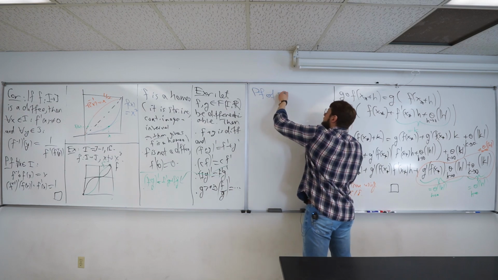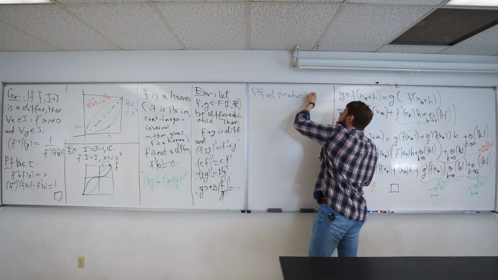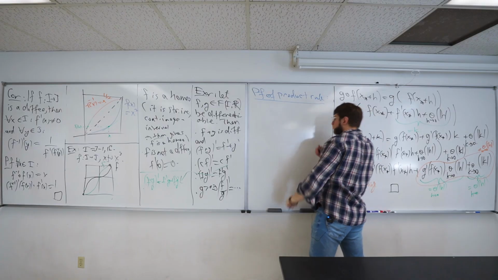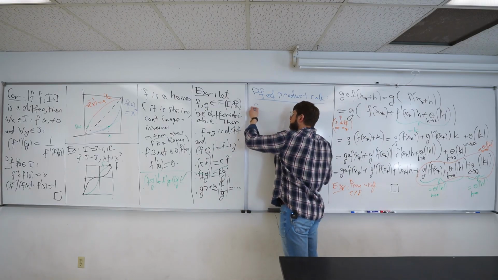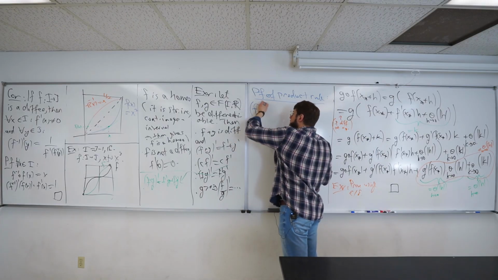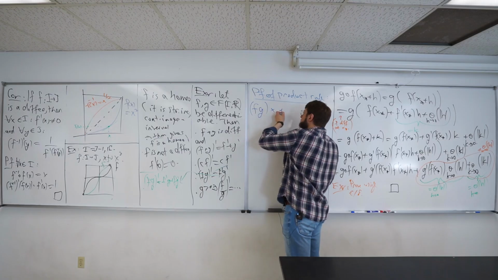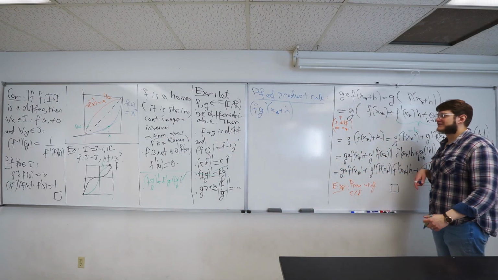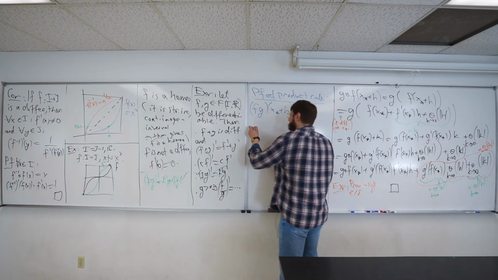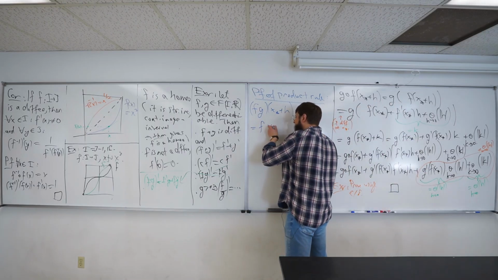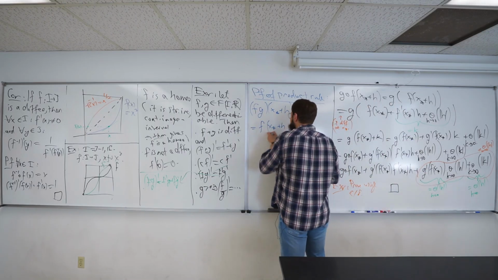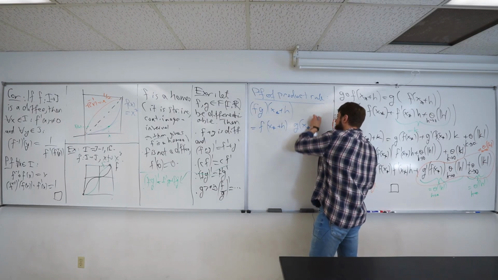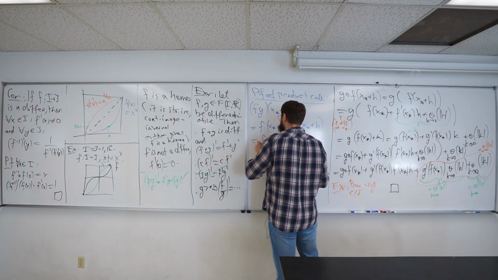Product rule. Okay. What do I need to do? I need to approximate this up to first order. Okay. Expand. Okay.